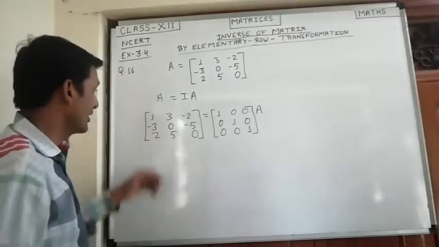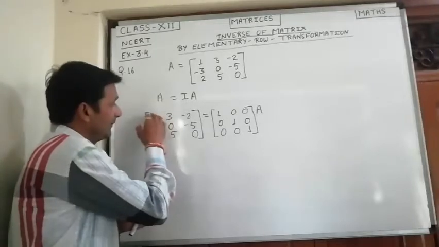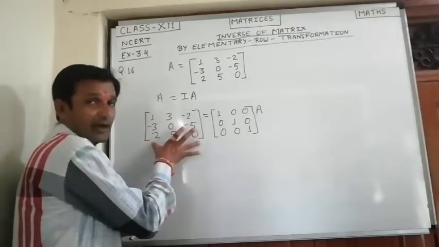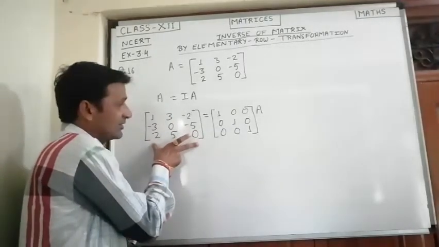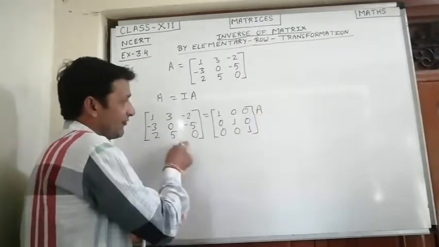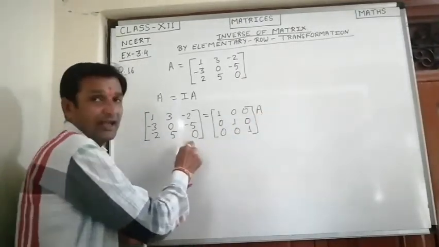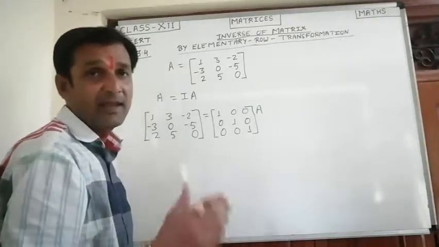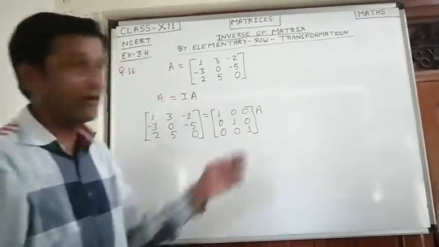Why is it so? Because we want to form the identity matrix here. When the identity matrix is formed here, then we transpose this A from RHS to LHS, then it will become A inverse. This is the main aim of the transformation method.